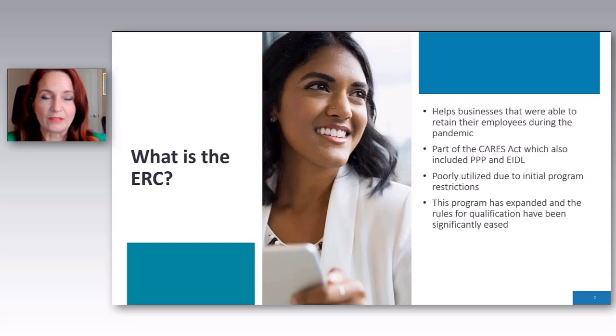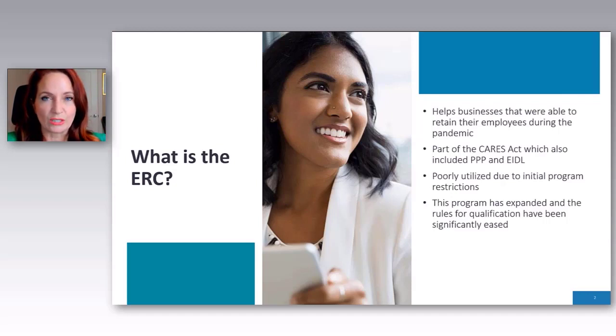Well, back in the middle of 2021, Congress changed it again and made it so that business owners who have gotten PPP can also get ERC. This opened up the opportunity to go back and retroactively claim the employee retention credit for people who hadn't taken it yet. They also changed it a couple more times and made it a lot easier to qualify.